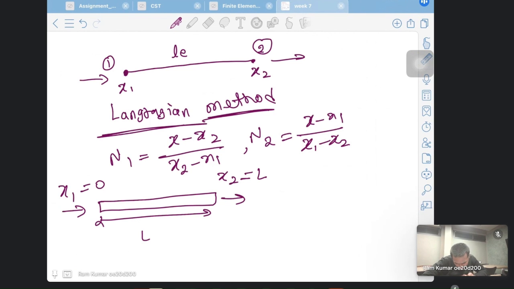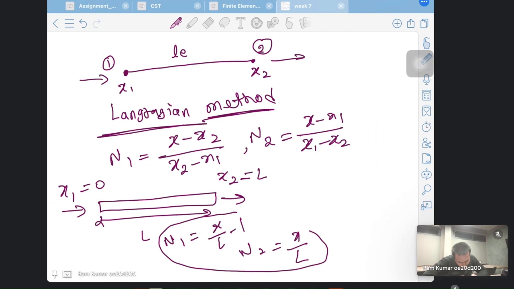We know that n1 equals 1 minus x by L, and n2 will be x by L. So you can get these from these equations by different means.